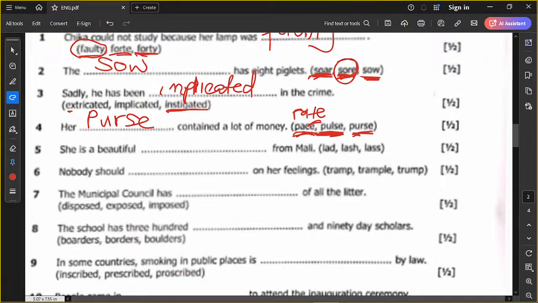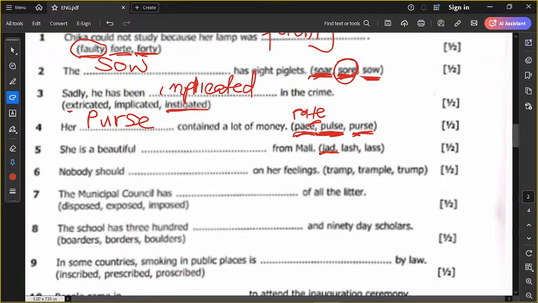All right, we go to question 5. Question 5. She is a beautiful dash from mom. Okay, so when we talk about this word lad, this is a young man or a boy, is called a lad. Okay, come here my lad.